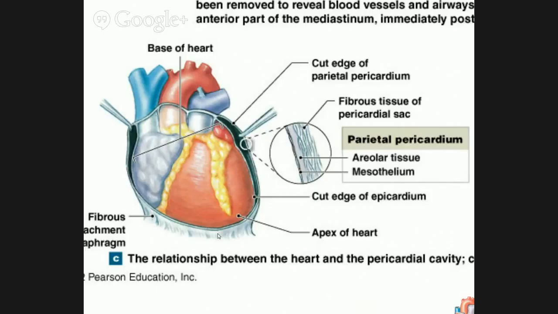What's true across all three systems is what we're talking about is called a serous membrane. And a serous membrane, and you can go back to the tissues chapter where membranes are introduced, is a simple squamous epithelium and its associated areolar connective tissue.